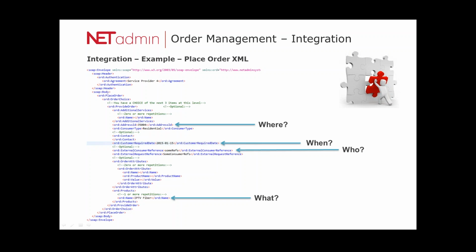It contains an address ID, which identifies the location for the order in the network, and that address ID is equal to the address identification number in NetAdmin. So that's why you would usually need to do an availability check to start with in order to get this address ID. So that gives you where this order will be provisioned in the network.